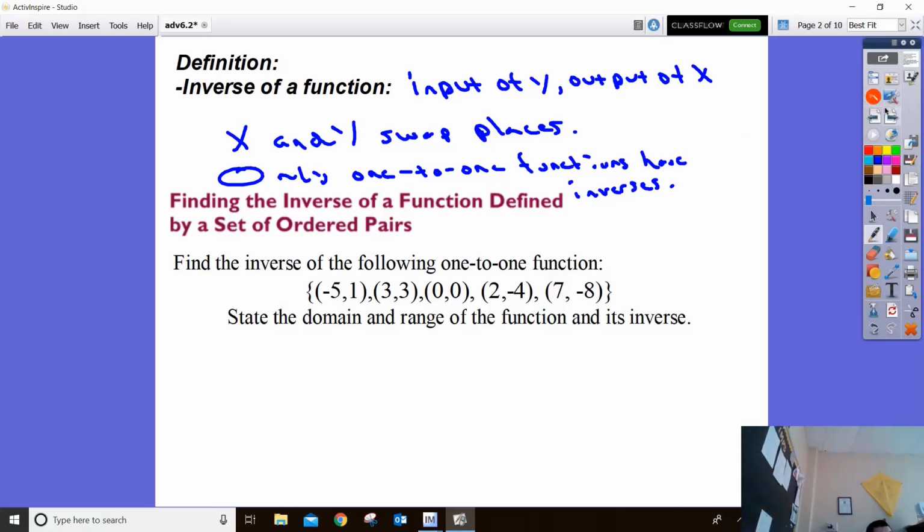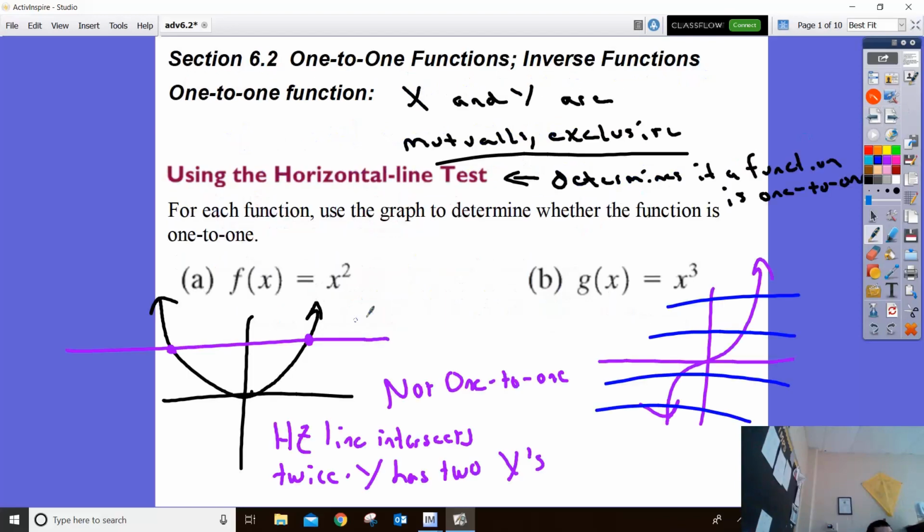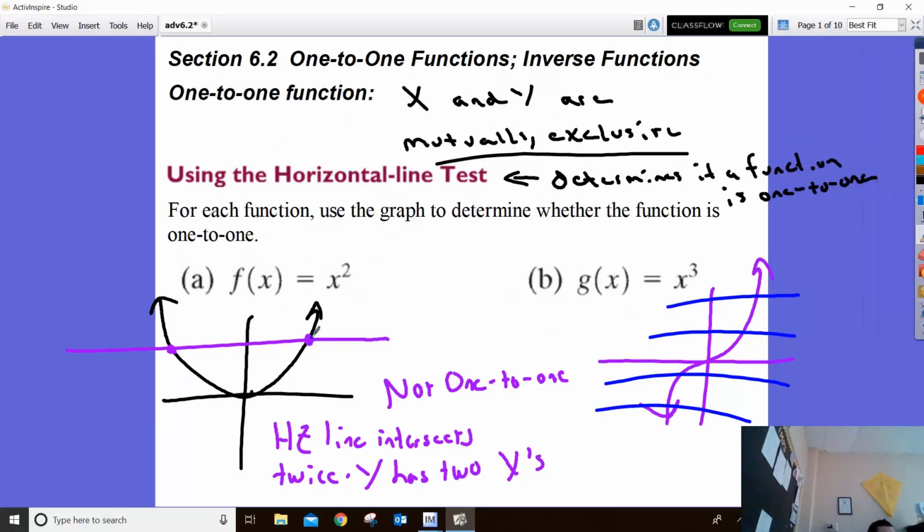Think about this one right here. If you fed this thing y instead of x, which x value is it going to spit back? Lindsay shrugged her shoulders. Who knows? That's why only one-to-one functions have inverses, because you don't know which x value it's going to spit back. If you just swap x and y, you don't know.